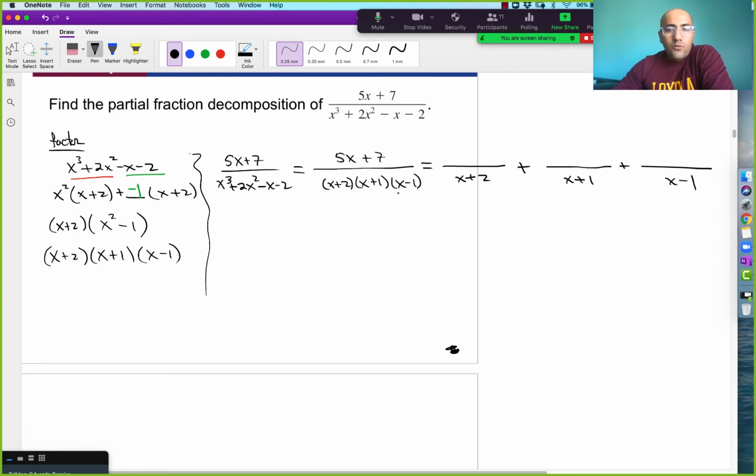I put each one of these in the denominator of each of my fractions, and there will be an unknown value here, A, B, and C, which are constants to be solved. Maybe this is a 3 and a 2 and a -1, for example. I don't know, there are constants to be solved.